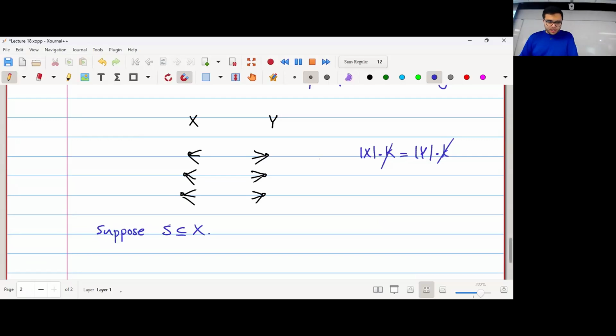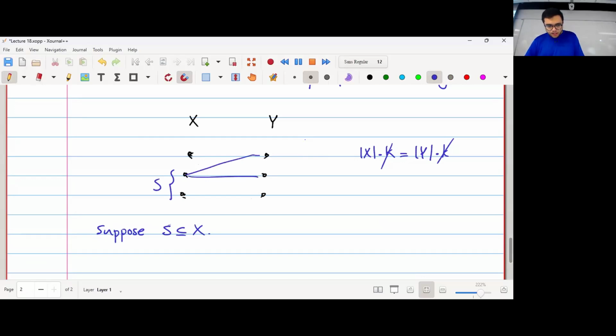So let's say I take some set S. What are the neighbors? So the neighbors are all the vertices that have any edge going from S to them.